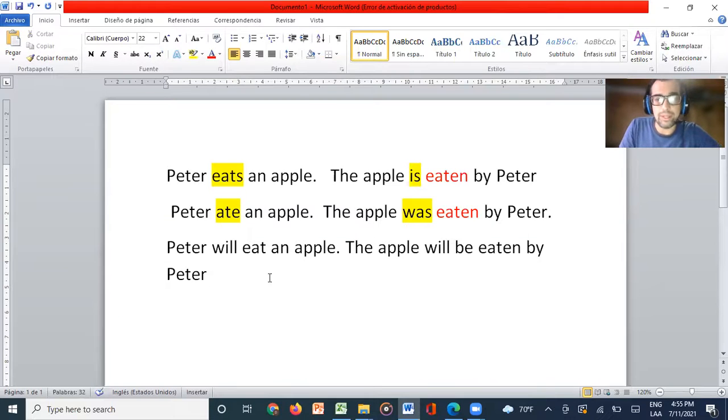Okay, so in this case, this is the future with will, and here I will be using will be plus the past participle. So it will be just will be, and the past participle will be also the same. In this case, eaten. So this is the way of using this passive voice in the present, in the past, and now in the future.